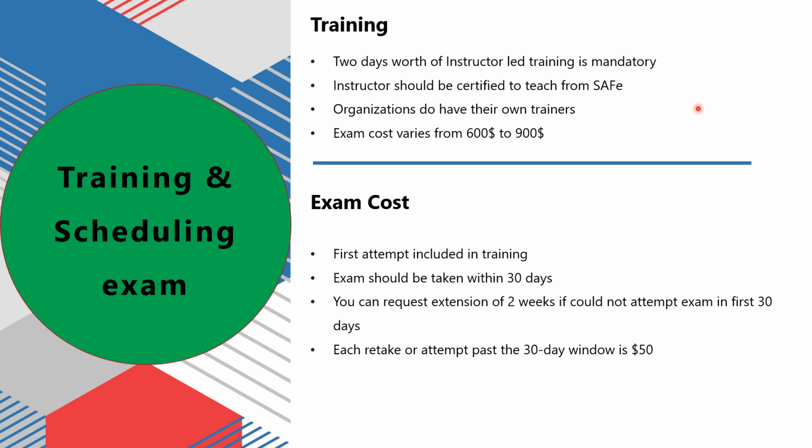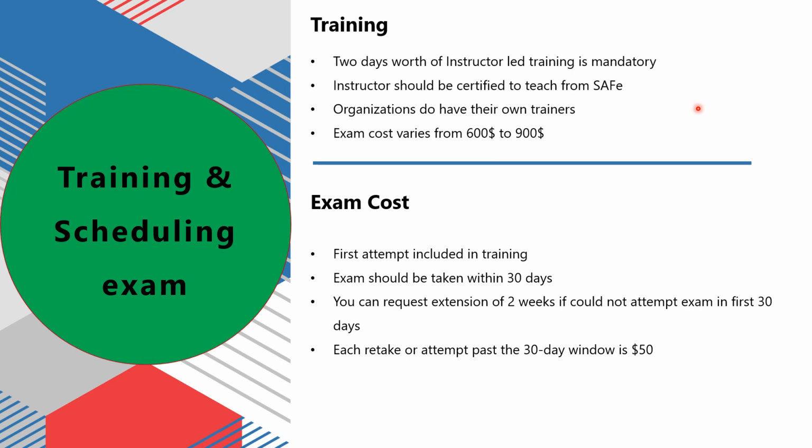Now one attempt is included whenever you enroll for the training. So when you log into that particular portal, you will see the different resources, and at the end of it you will see the options to launch the exam.